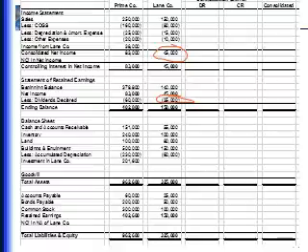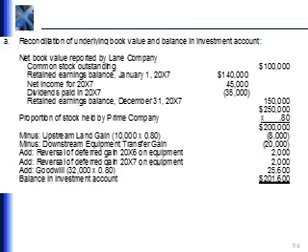I think that's it. So the first thing they ask us to do is to reconcile the investment account. The common stock outstanding is 100,000. We can pick up the retained earnings balance from the beginning retained earnings of the subsidiary.